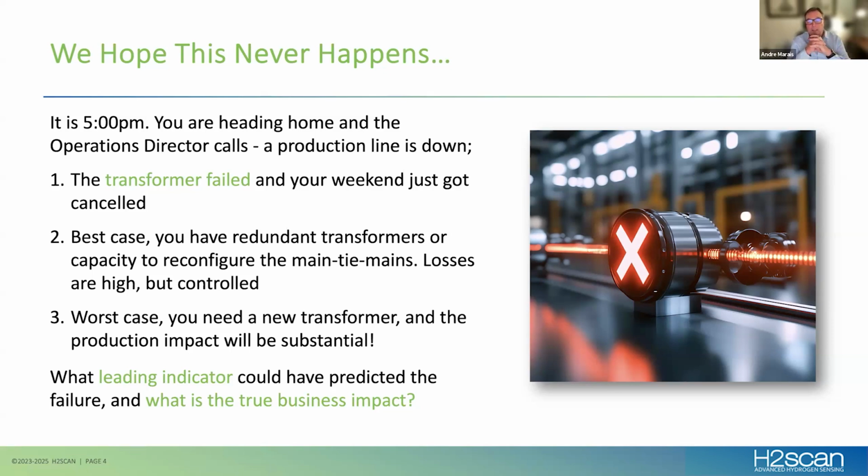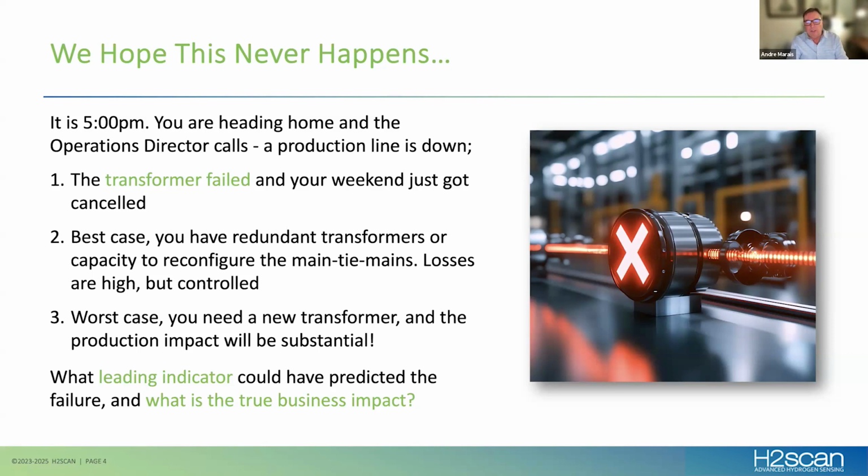In the best case, you have redundant transformers, or you may have the transformer capacity to reconfigure your main ties and get the plant up and running again. Your losses are high, but at least they're controlled. In the worst case, you need a new transformer, and the production impact is going to be substantial.